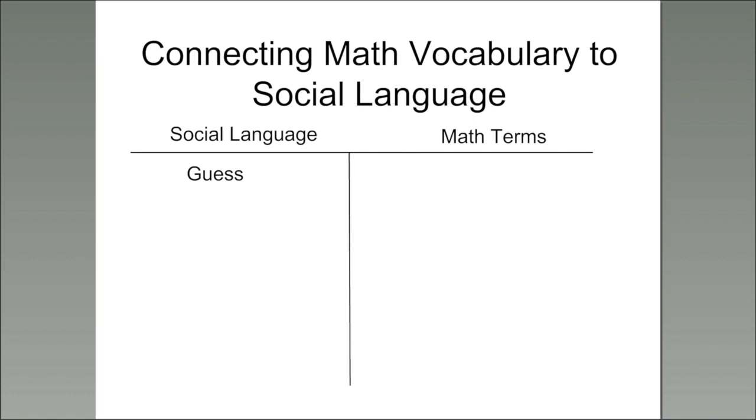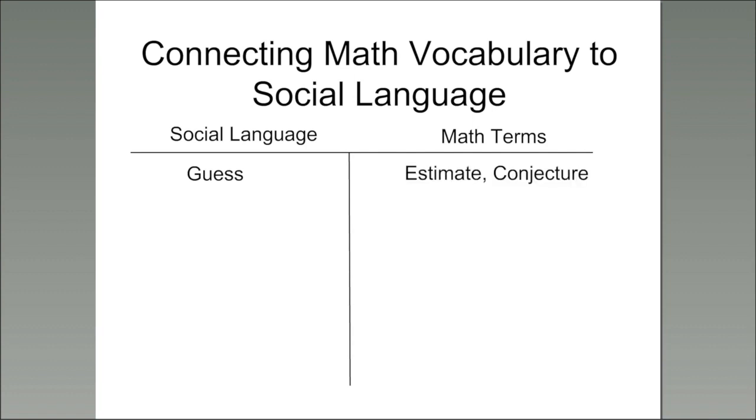And a Stanford study in a paper called Principles of Mathematic Instruction for English Language Learners argues that everyday language and mathematical language are interdependent and related. They're not mutually exclusive. So it's actually okay to connect the math terms to the word guess.